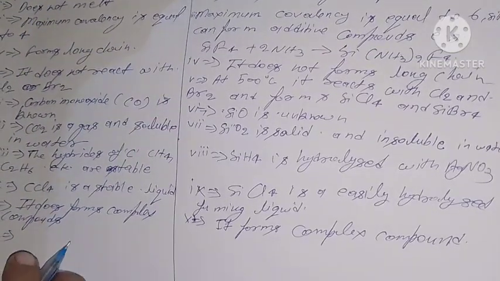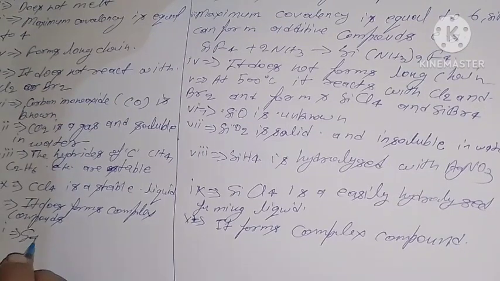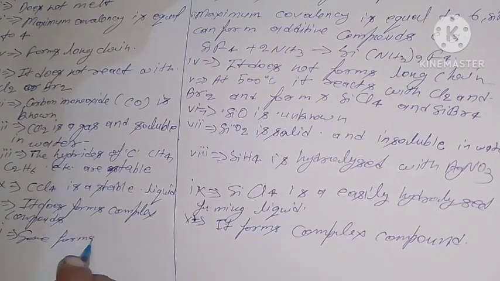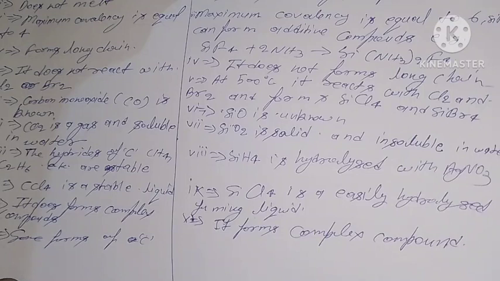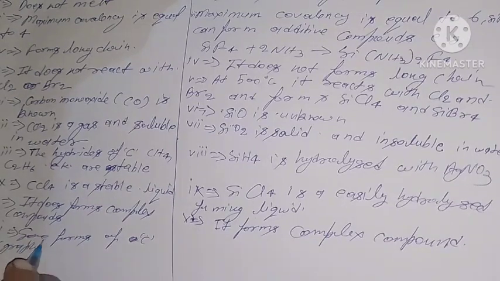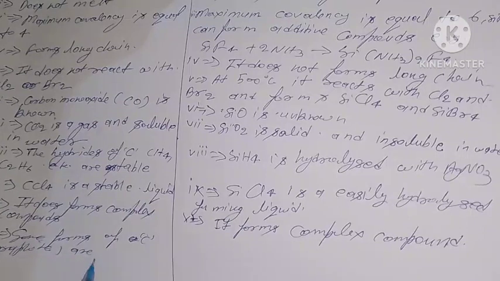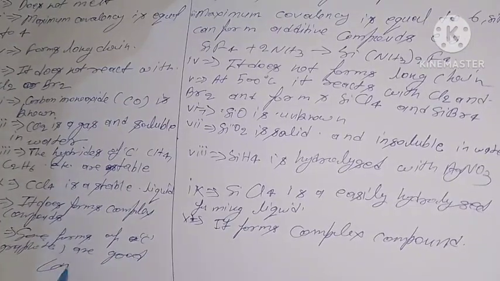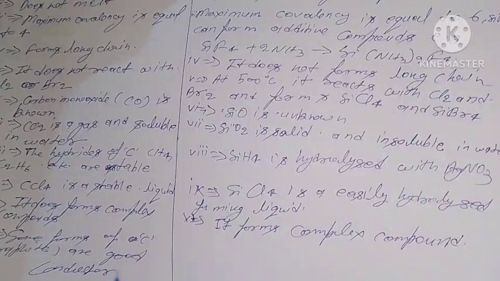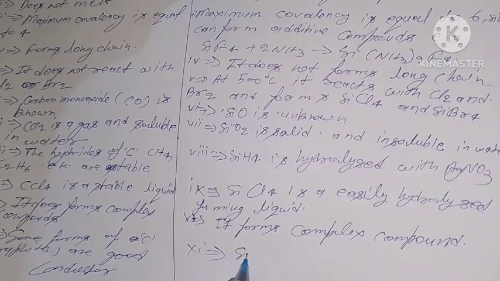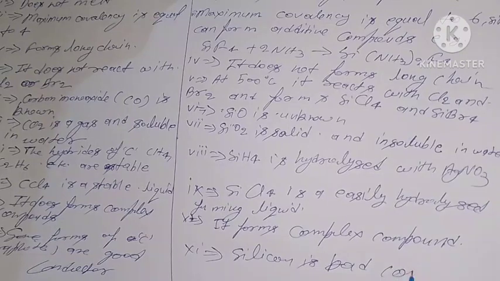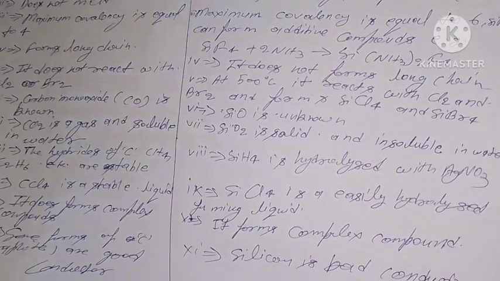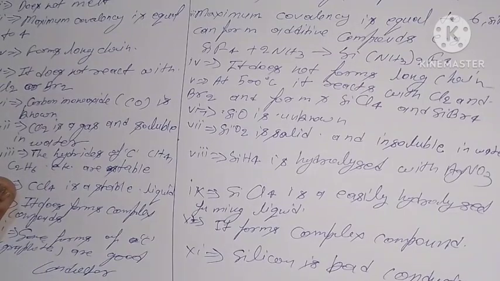Some forms of carbon, such as graphite, are good conductors, and silicon is a bad conductor.